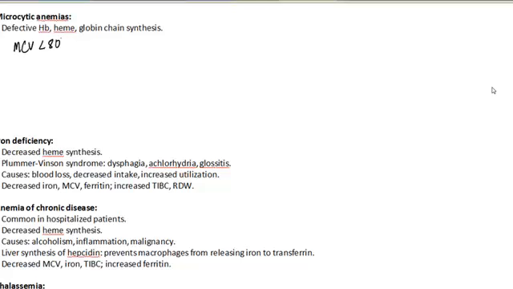Other causes of microcytic anemias include anemia of chronic disease. Thalassemias are also microcytic anemias, as well as sideroblastic. Sideroblastic is when you have an iron overload in the cell, and it's actually the least common of these microcytic anemias.